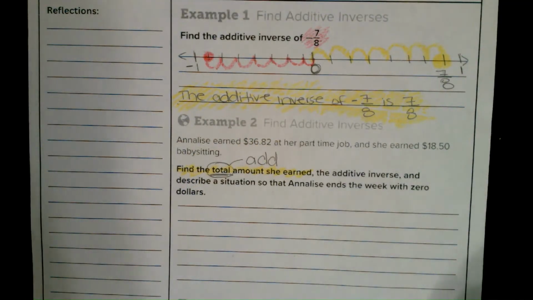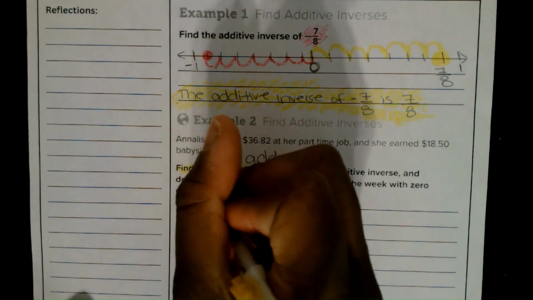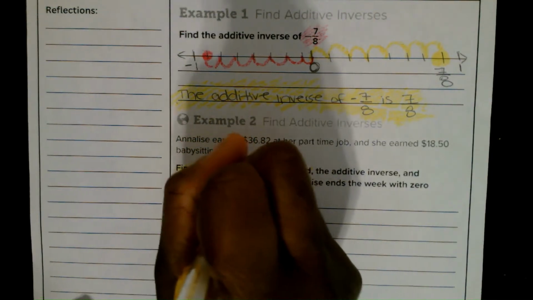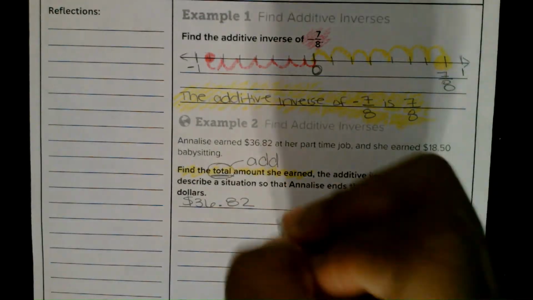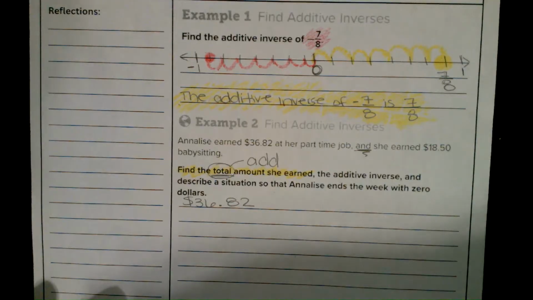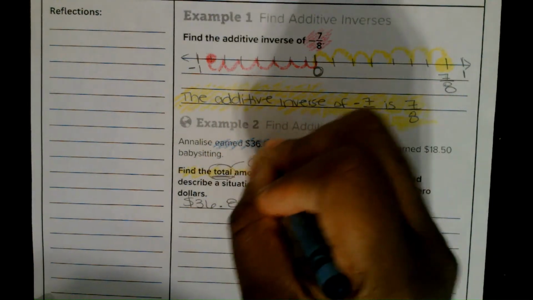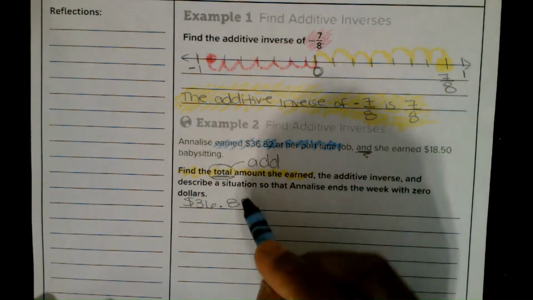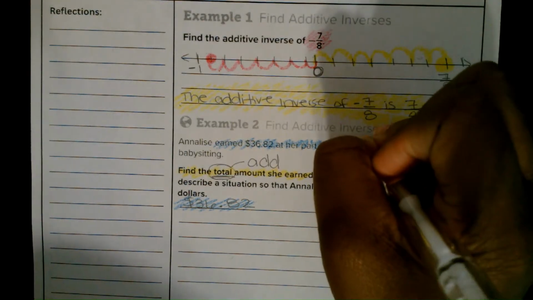And we want to know how much she earned. So we know from her part-time job, she earned $36.82. And this keyword here, and, I'm going to put a plus sign.